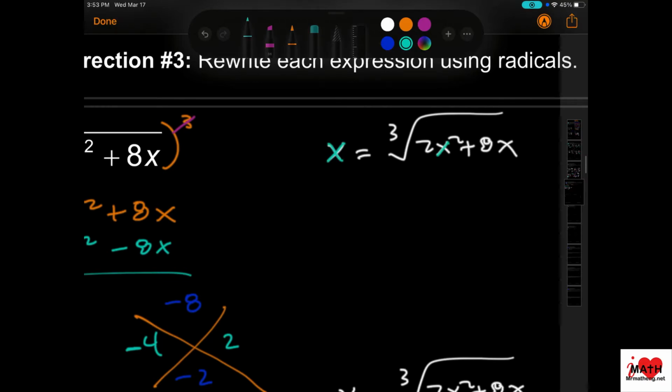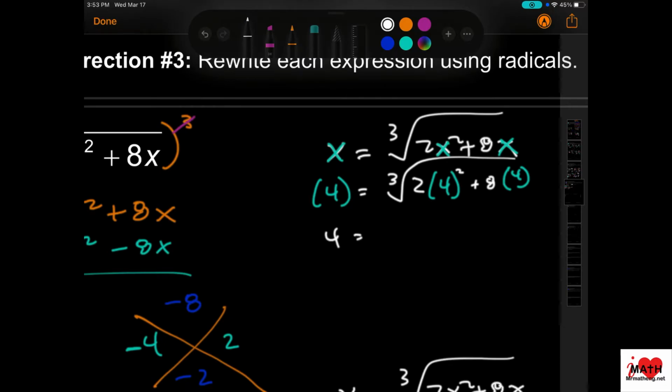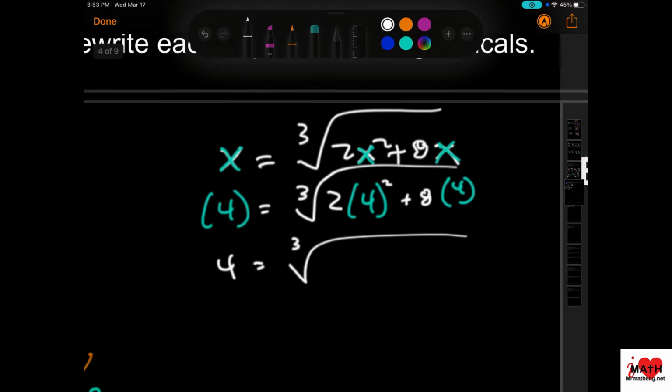X equals 4. Uh-oh, forgot one. That's 4. Okay, 4 equals the cube root of, again, PEMDAS, so exponents first. 4 squared is 16. 16 times 2 is 32. And 8 times 4 is 32.